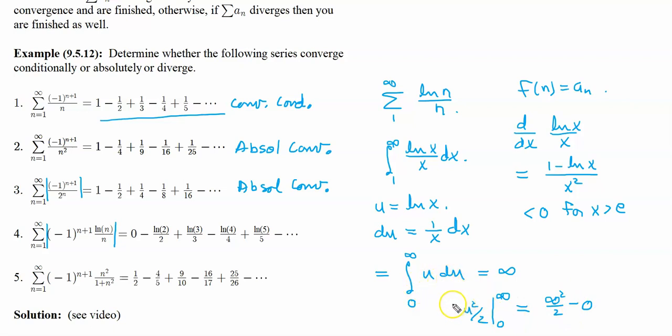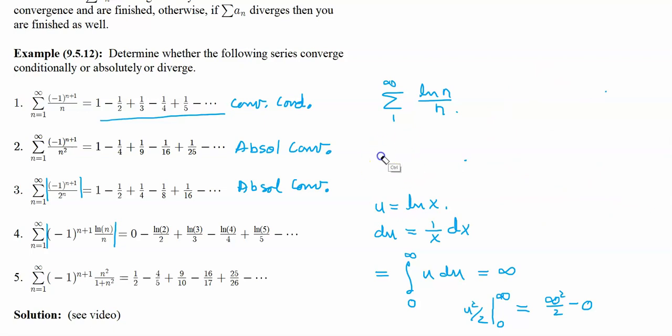Very easy to see that graphically also, because if you look at the graph of y equals u, of course that's an increasing function, so the area under that curve from 0 to infinity is going to be infinite. Very easy to see that. So therefore this does not exist, therefore this does not exist either. So this diverges. Okay, so we've determined now that we definitely do not have absolute convergence. Okay, so this diverges.